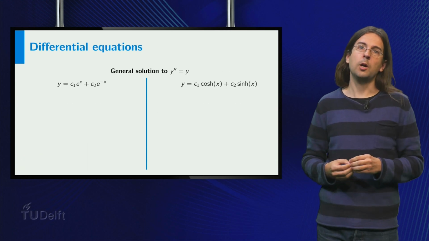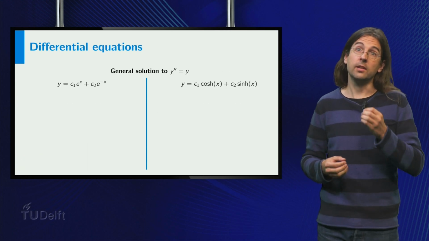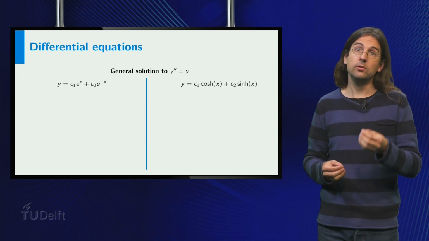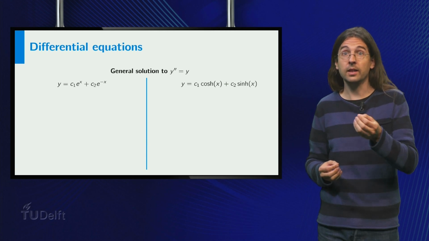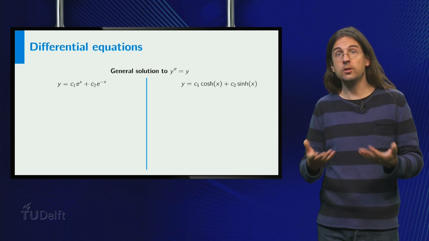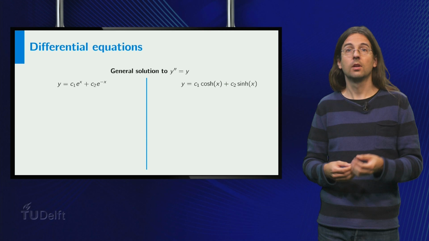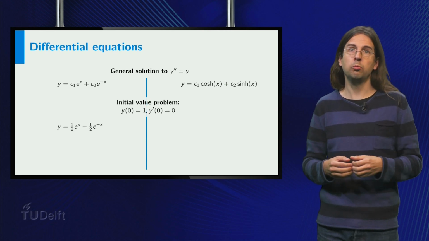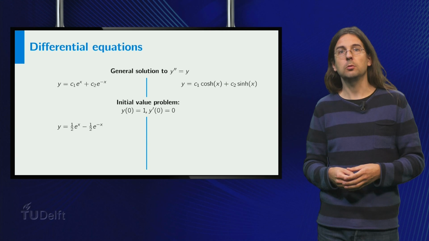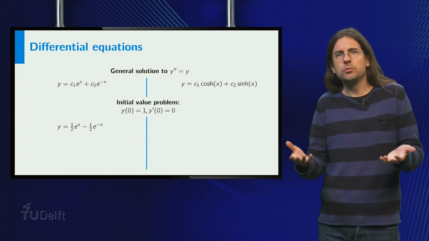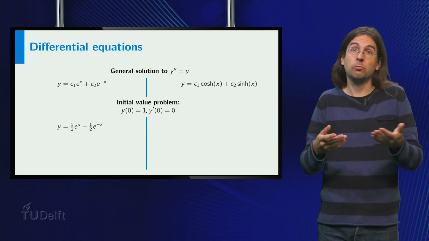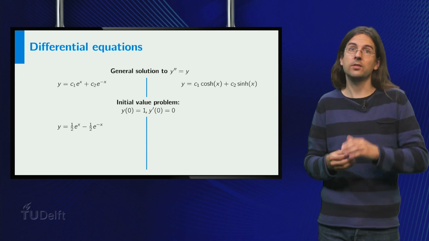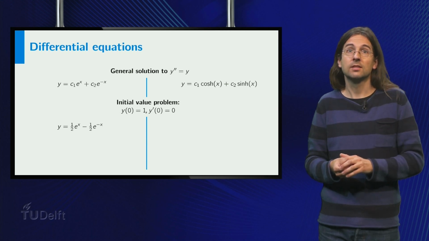The reason the hyperbolic functions are nicer than the exponentials is related to the fact that they behave nicer with respect to certain initial value conditions. Indeed, consider the simplest example y(0) = 1 and its derivative equals 0. In terms of exponentials, the solution becomes 1/2 (e^x + e^(-x)).